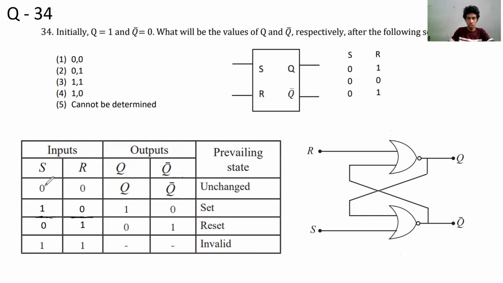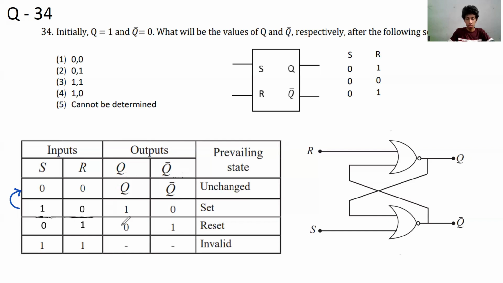Then when S equals 1 and R equals 0, that means when the set button is pressed, Q will become 1 and Q bar will become 0. So then when the set button is released, it will go back to the previous state where S equals 0 and R equals 0. So Q will remain at 1 and Q bar will remain at 0.